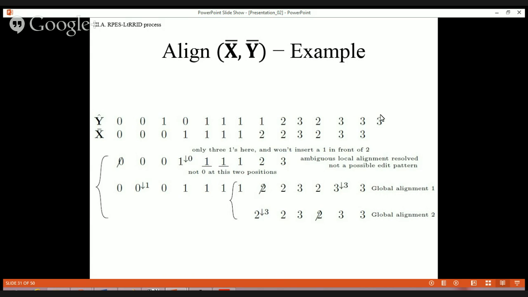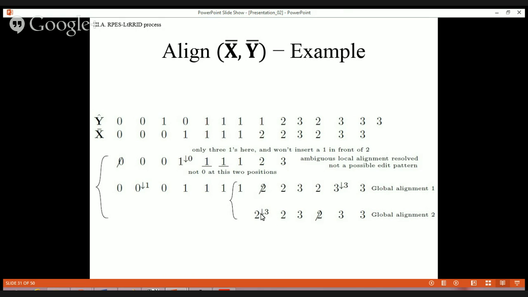But because this is the end of the sequence, we would know it is an insertion. It can't be a deletion because there are no further symbols in X. So in this global alignment 1, this alignment can lead X to Y hat, and the edits are shown like this.